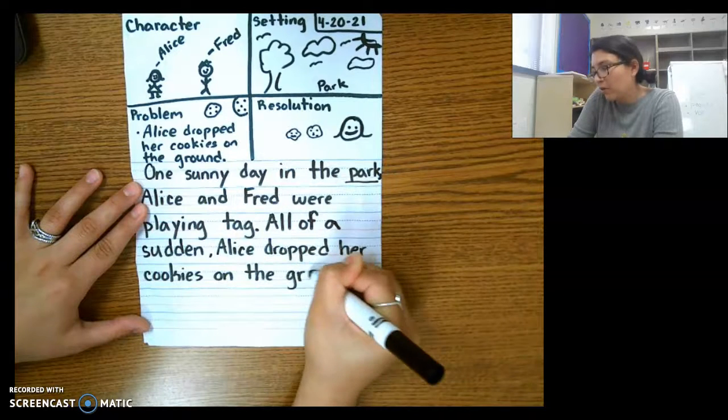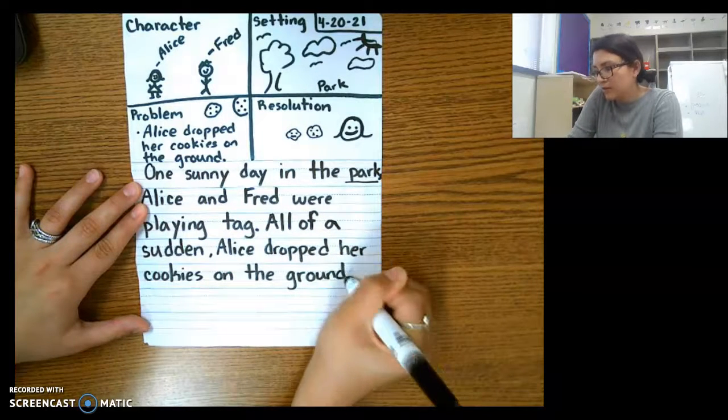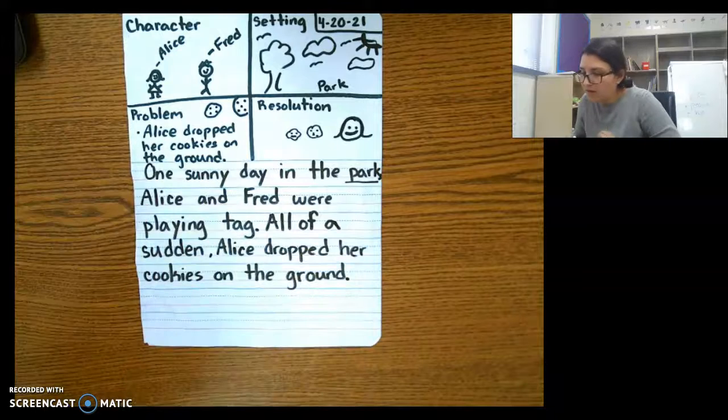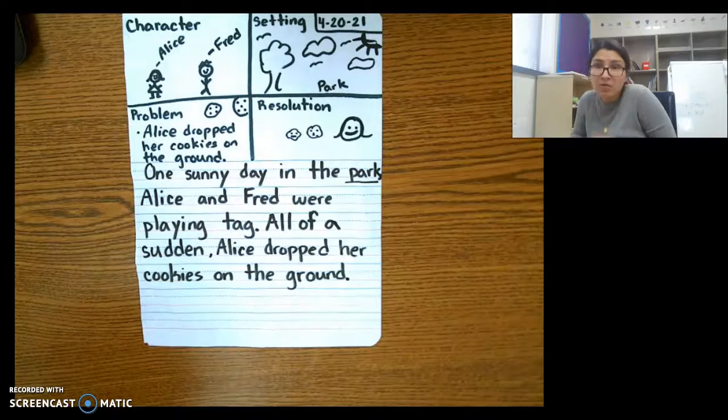I am writing what the problem is. So right here, all of a sudden, Alice dropped her cookies on the ground. This is the problem. Now, I'm going to write how my problem was fixed.